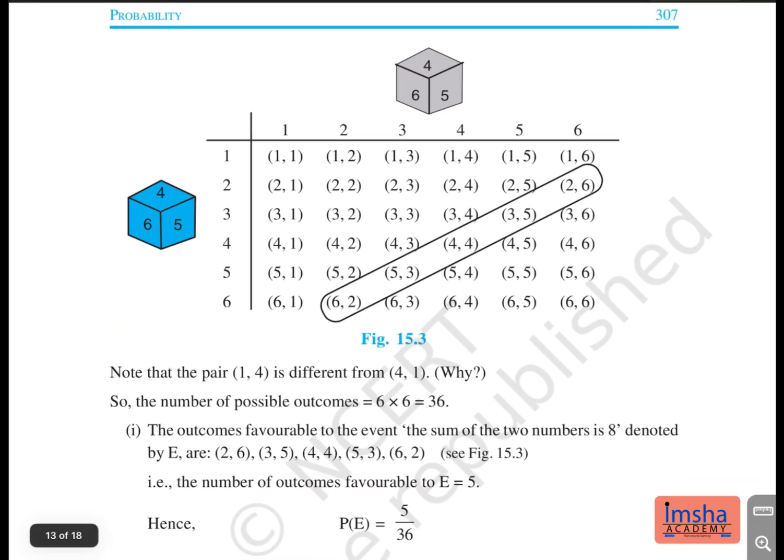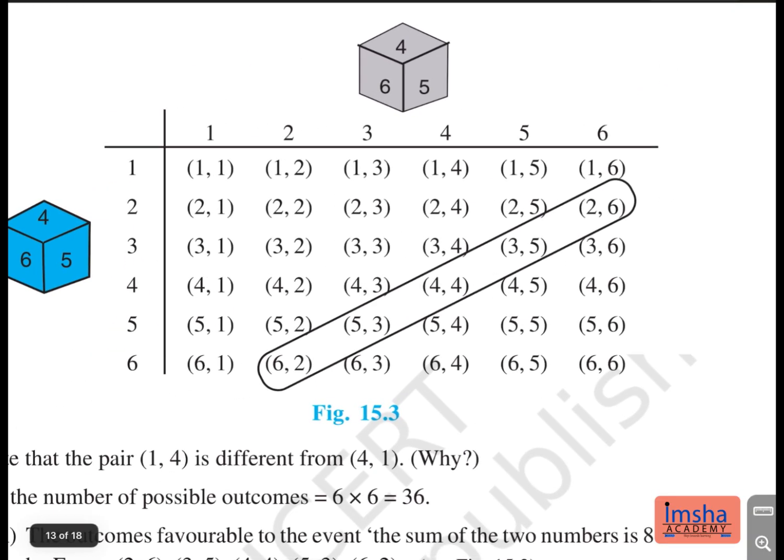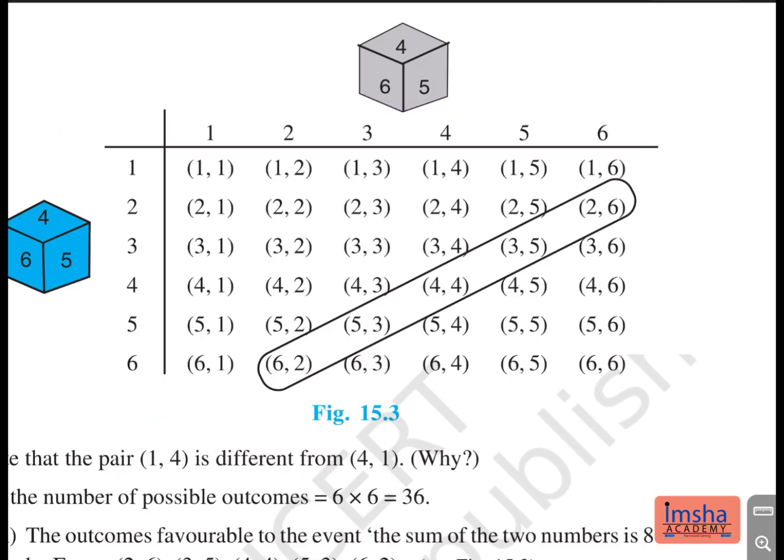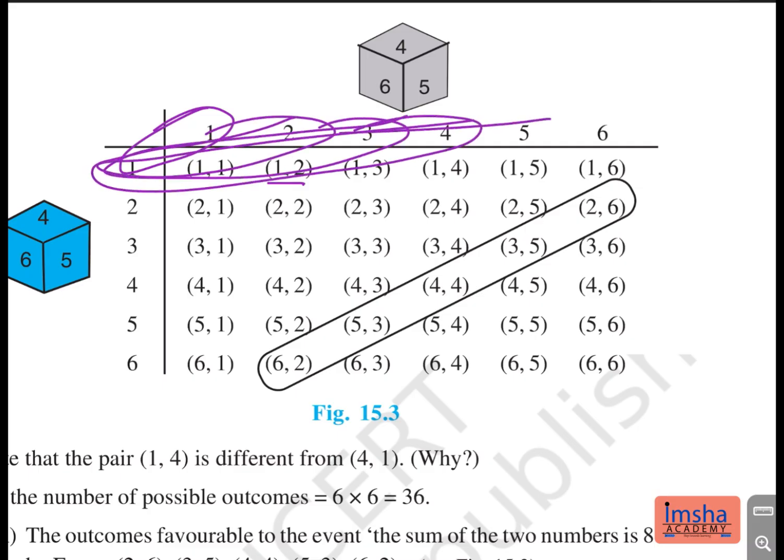See here, when the dice are thrown, this is the grey dice, 6 outcomes of the grey dice and 6 outcomes of the blue dice. So, if it is 1 1, it cannot be 8. 1 2, it cannot be 8. First die 1: 1 1, 1 2, 1 3, 1 4, 1 5, 1 6.